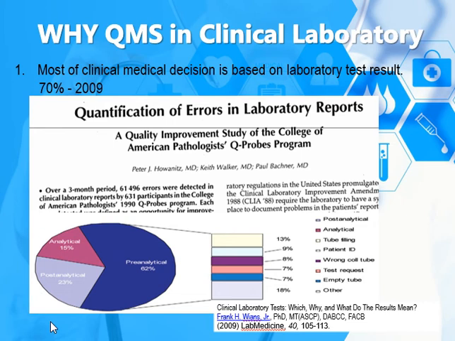For the analytical phase, we apply IQC and EQA to make sure there is no or less error in producing the patient result. However, there are many errors that could happen in the pre-analytical and post-analytical phases that could lead to mistakes in producing the patient result.